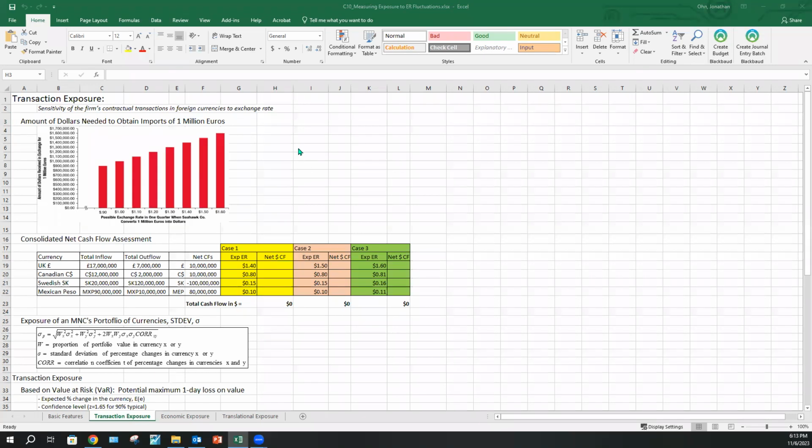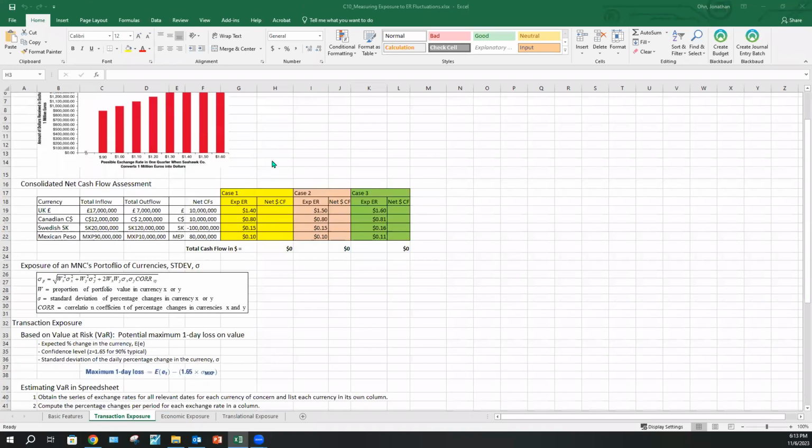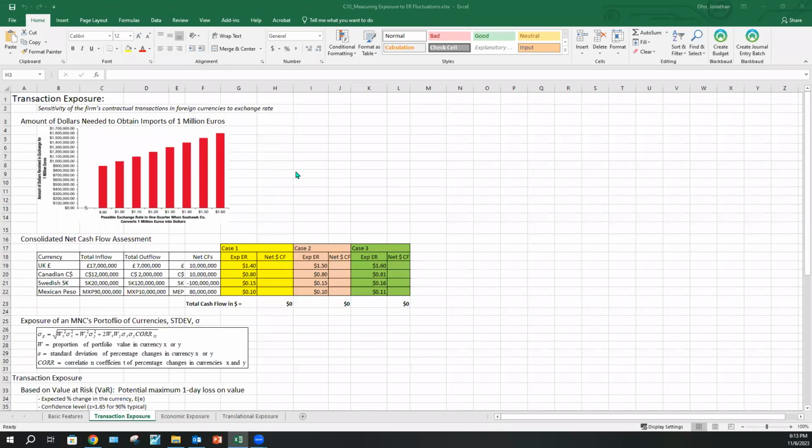All right, so let's talk about that. It was one simple example. For a different exchange rate, the U.S. company's payment in U.S. dollars will be different. If it is $1, pay just $1 million. If it is $1.10 per euro, then the U.S. company's payment is $1.1 million.